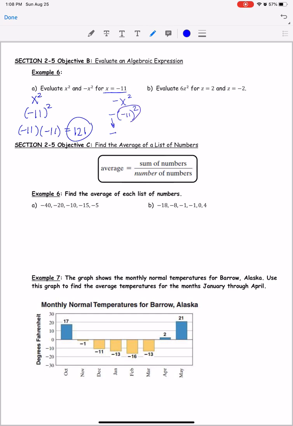You've got negative 11 in parentheses squared. So negative 11 times negative 11. Negative times negative is positive. 11 times 11 is 121. But then this negative that we had to bring down from the outside needs to still tag along with this. So my answer on that one is a negative 121.